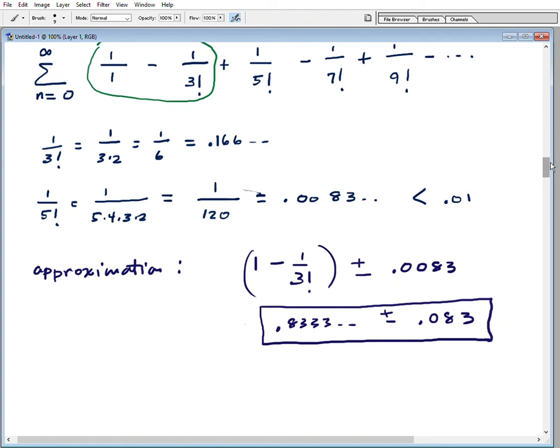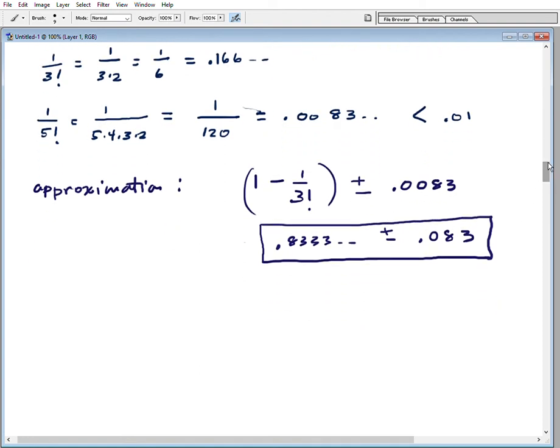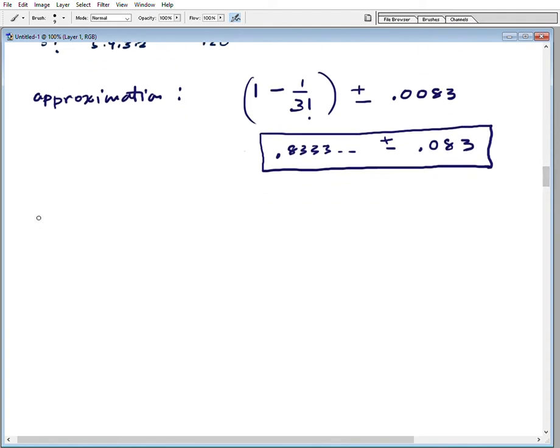All right, so let's go on to another test. First of all, any questions? All right, let's go on. We're going to look at another test, called the ratio test.